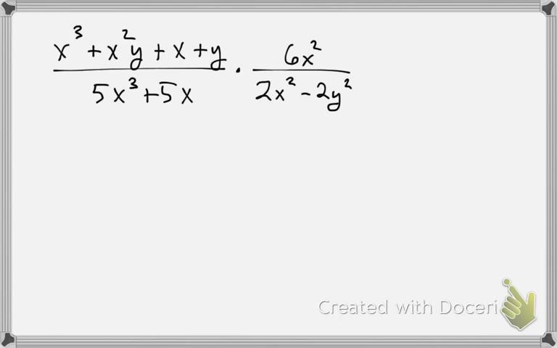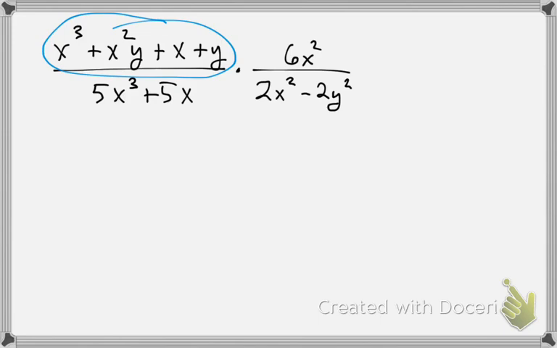So we're multiplying these two rationals together. All right, so what do we do? Yes, factor. Factor everything. And this is going to be a lot of fun, because what do we do with that first numerator? That's factoring by grouping.